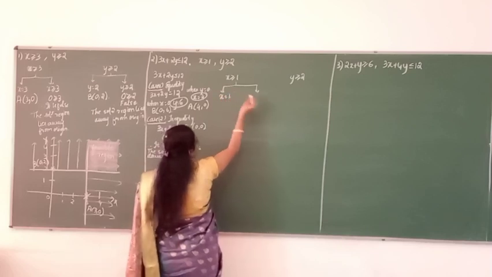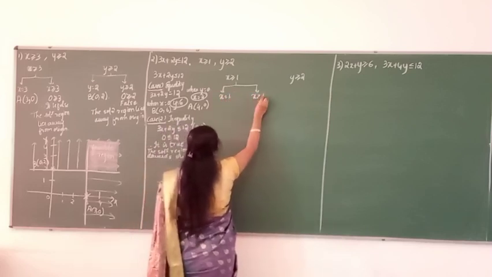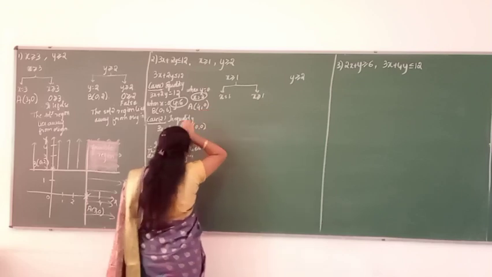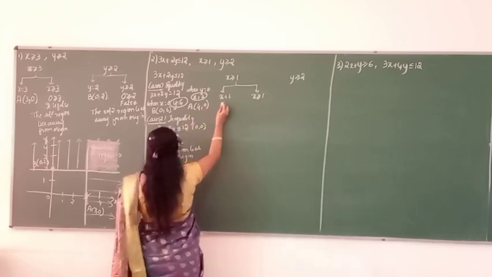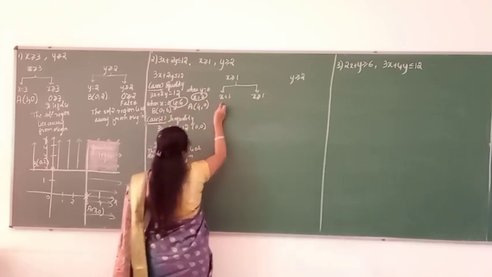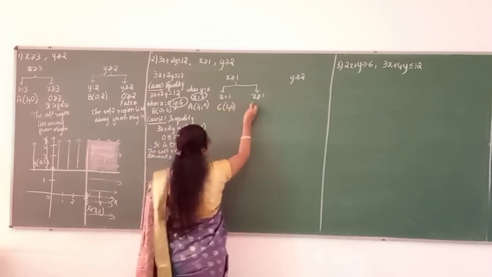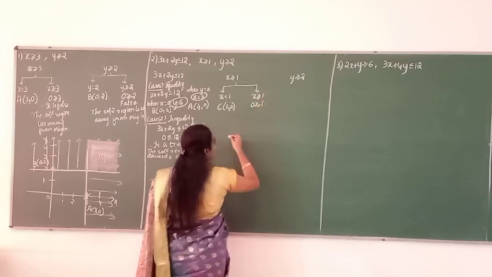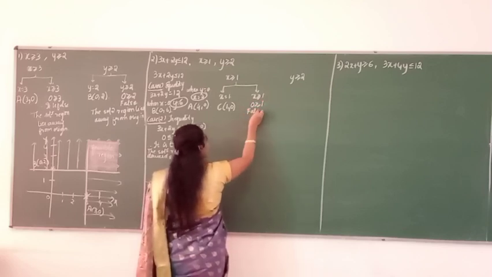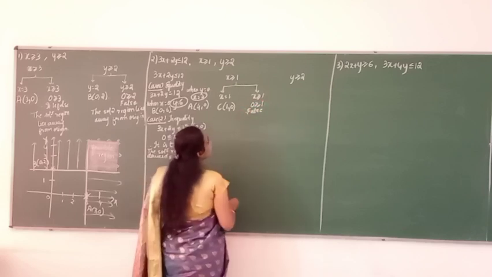x is equal to 1 and x is greater than or equal to 1. So here, as we have already written A and B, I will be considering this as C, (1, 0). So this will be 0 greater than or equal to 1. Obviously it is a false statement.